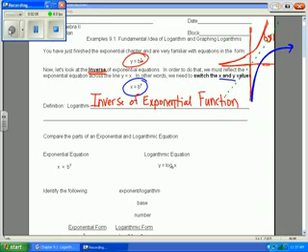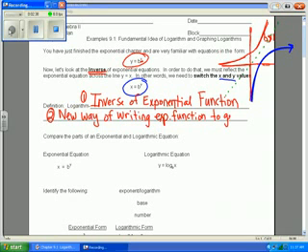There are several things I want you to have in this definition here. Our logarithms are the inverses of exponential functions. Also, I want you to note that it's just a new way of writing an exponential function to get the exponent by itself.